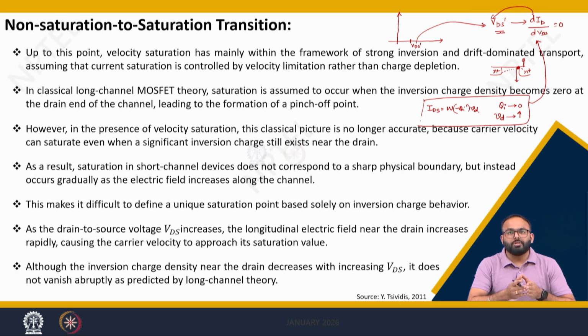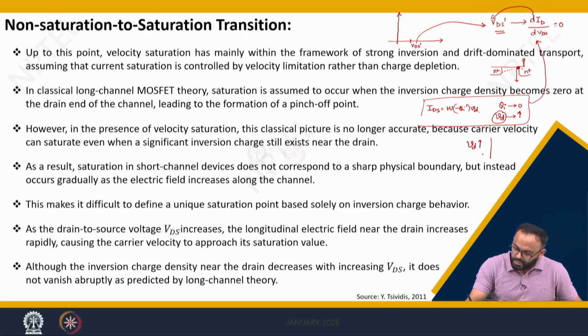However, when we talk about velocity saturation, as we have seen, the velocity of the charge carrier will not be infinitely large, correct, and hence it will get saturated to its maximum value. Now what will happen if you increase VDS here at the drain end, the velocity of the charge carrier reaches its maximum value.